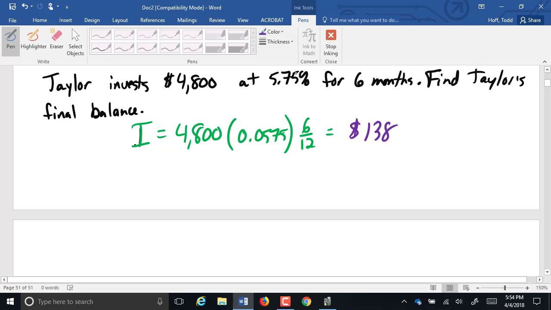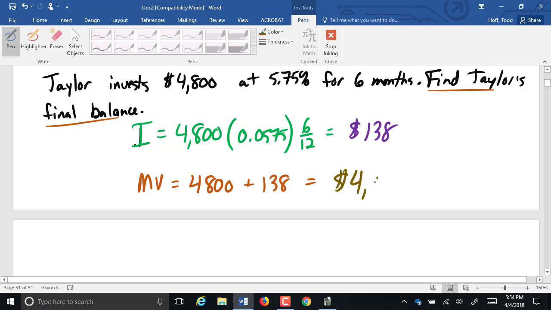Are we done? We do have to add that on. We are finding the maturity value here. So 4,800 plus 138 is 4,938. Any questions?